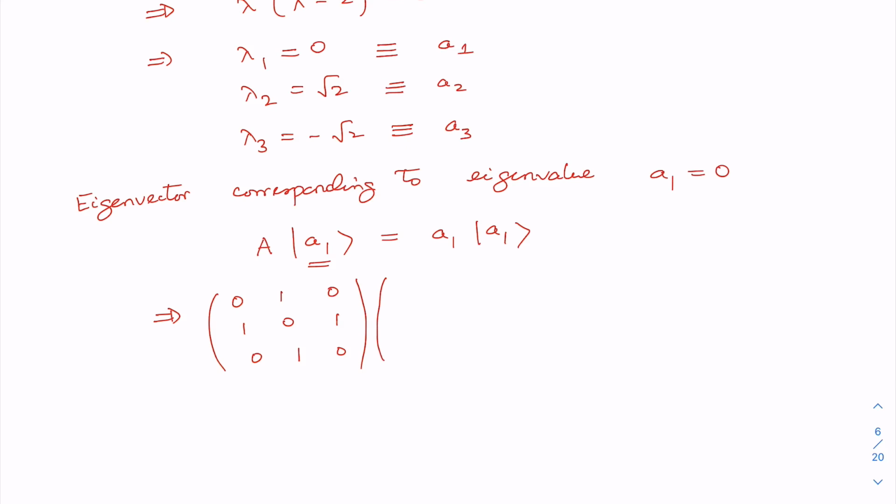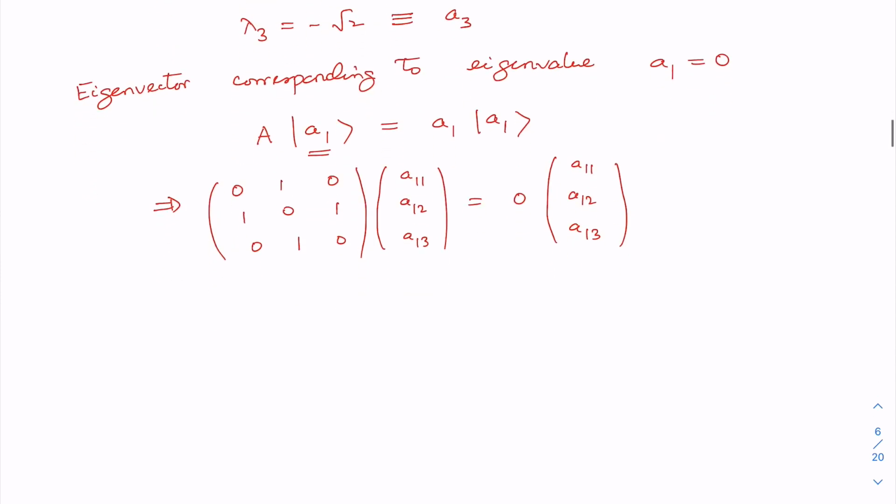Let me take the elements of the column vector as A11, A12, A13, and the eigenvalue is 0. So this is going to give me the equations: A12 is equal to 0, because what you are going to have here is 0, 0, 0. A12 is equal to 0, A11 plus A13 is equal to 0, and A12 is equal to 0.